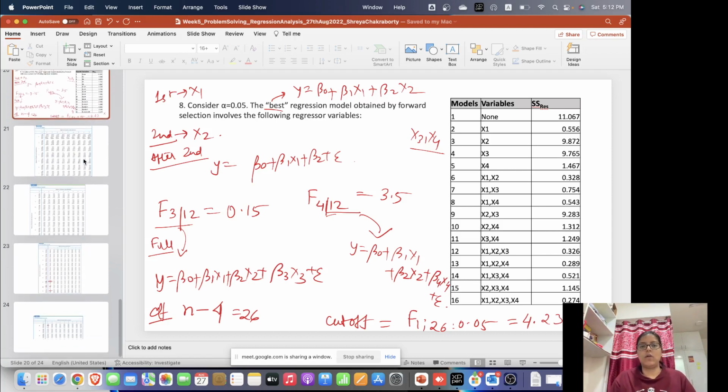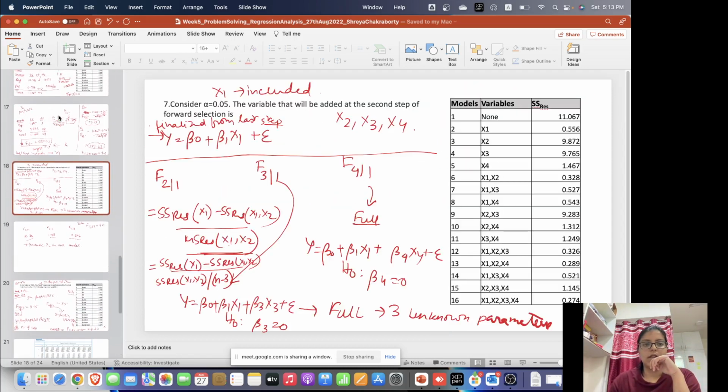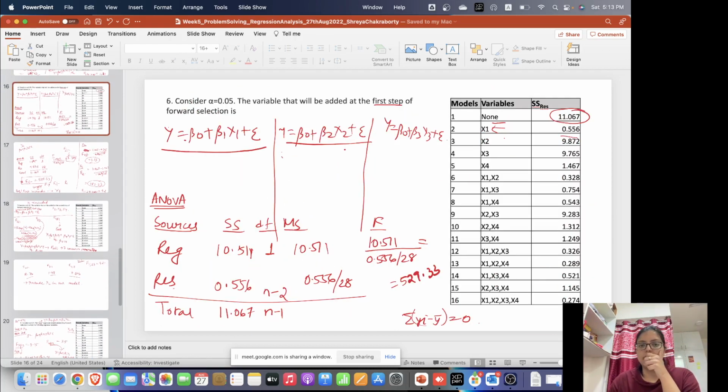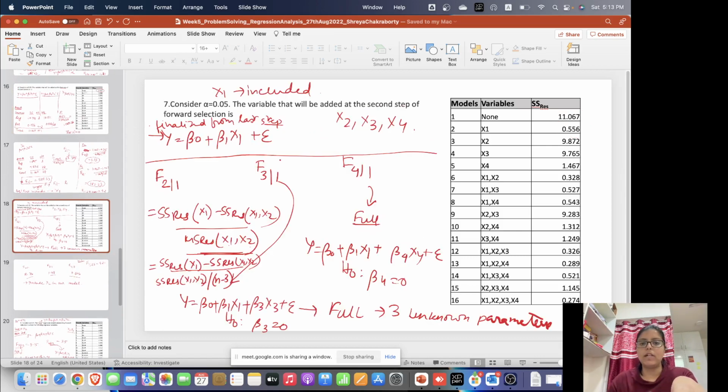So this is how we will do forward selection and backward elimination. But if it were stepwise, then after the first step, which will be the same as forward selection, where we included x1, we'll test 2 given 1, 3 given 1, 4 given 1, and then include these terms.